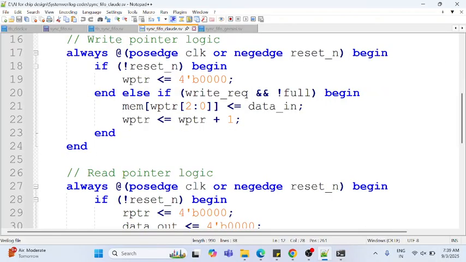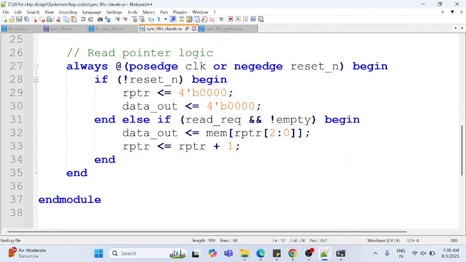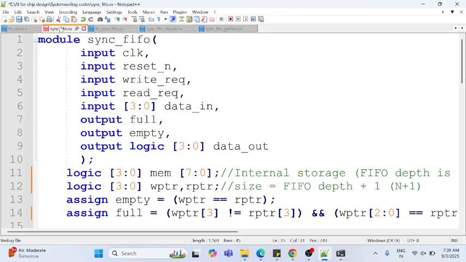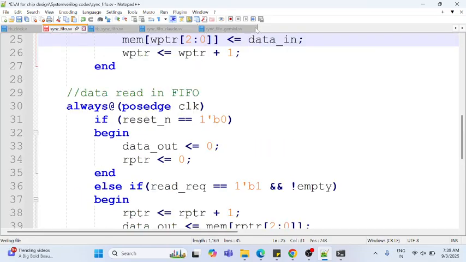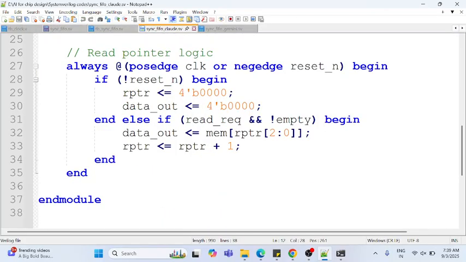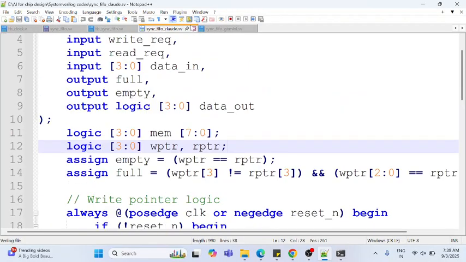So write pointer becomes 0 on reset, and if you compare the conditions, when write request is 1 and not full, then writing happens. When the read request is 1 and not empty, reading happens. It is very similar to what I have written here. The only difference between this code and that code is that here I have used synchronous reset, and the code generated by Claude is using the asynchronous reset.